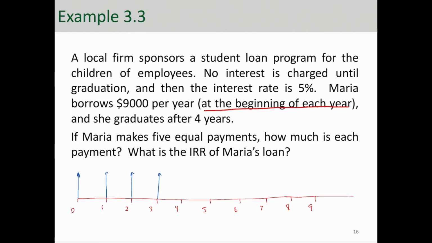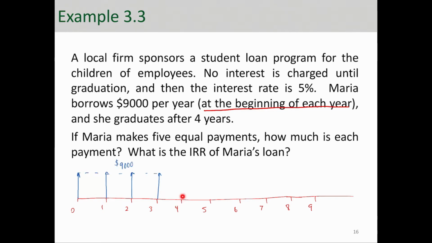And remember, these four $9,000 are the same as at the beginning of year 1, at the beginning of year 2, at the beginning of year 3, and at the beginning of year 4. But because the cash flow diagram that we've been working with and the formulas are all based on end of year cash flows, we had to shift the cash flows 1 year before.